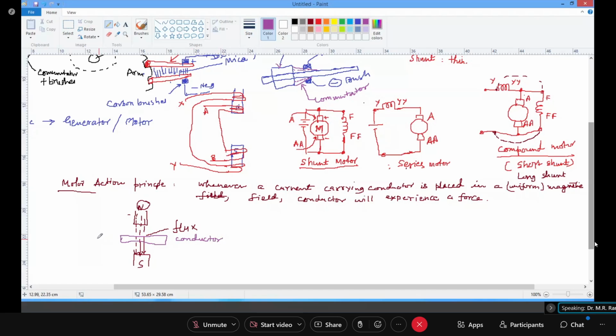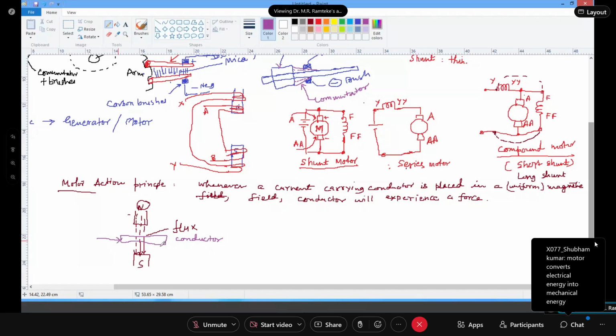And through this conductor, I will of course be sending current. So when I send this current, there is a magnetic field and the current is flowing through the conductor.